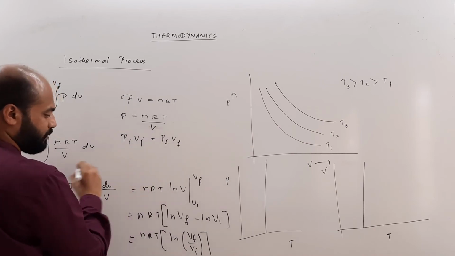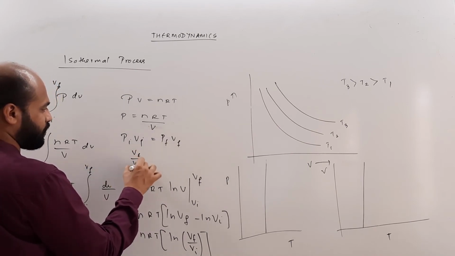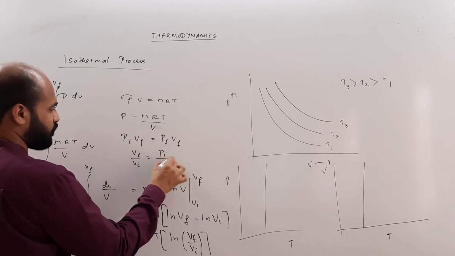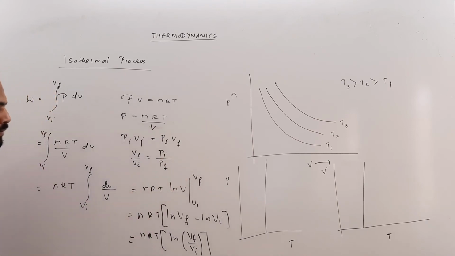So V final by V initial equals P initial by P final. So now we can write work done as 2.303 nRT log P initial by P final. This is the expression used to calculate work done in an isothermal process.